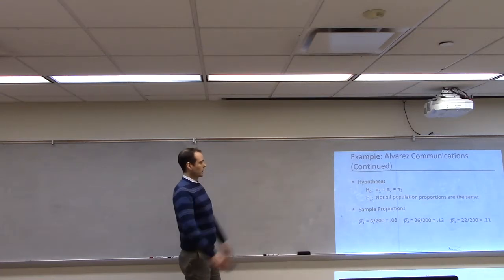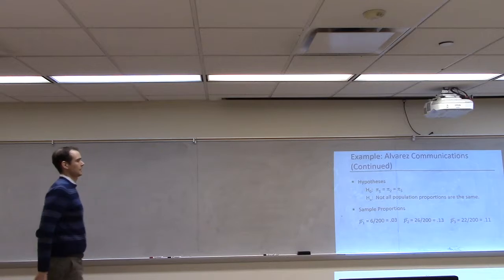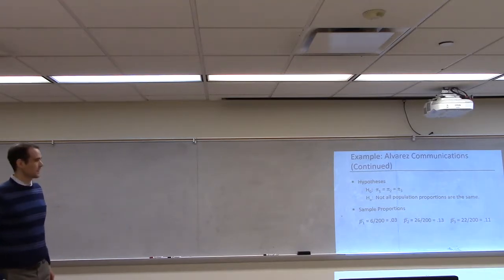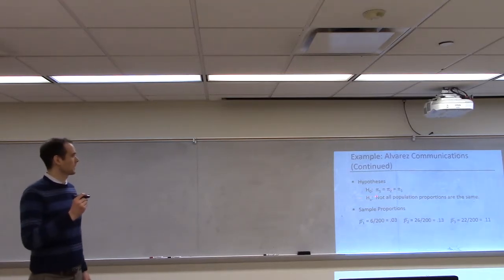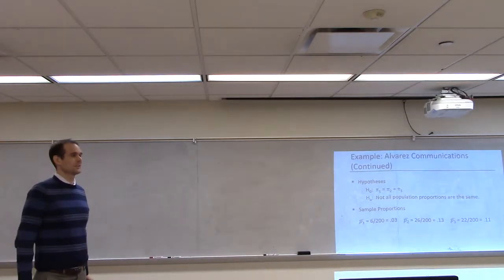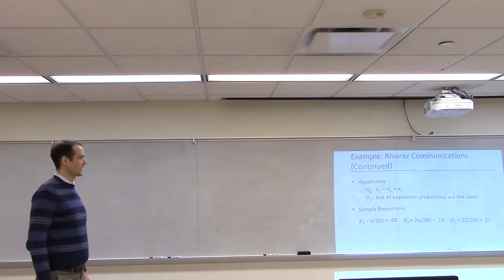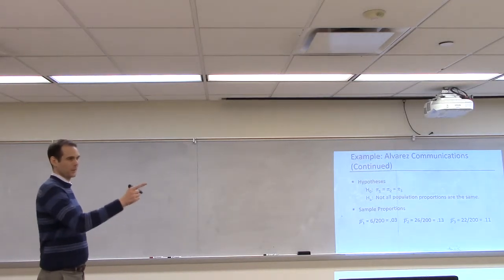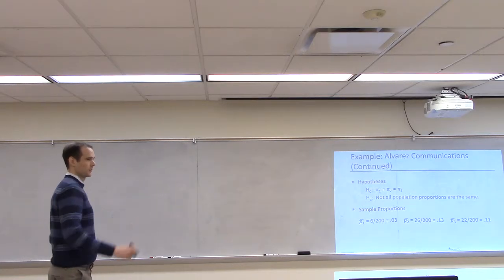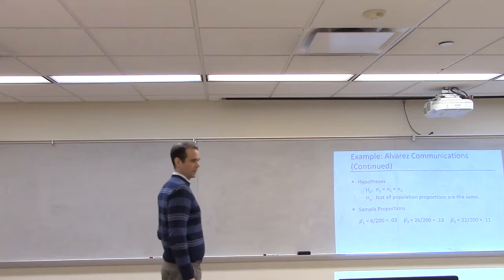Null hypothesis. What is our null hypothesis in this case? Can someone read that null hypothesis to me? Instead of saying 1, 2, and 3, can you give me another term? The true population of all the shipment, which shipment?